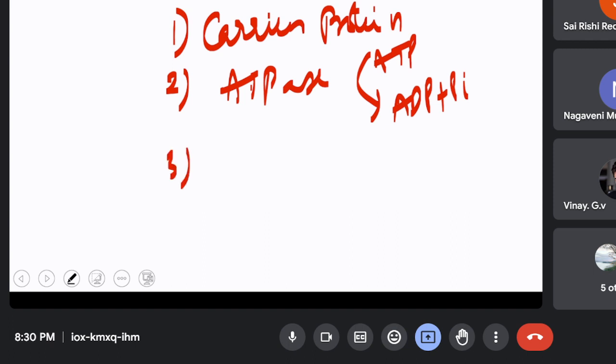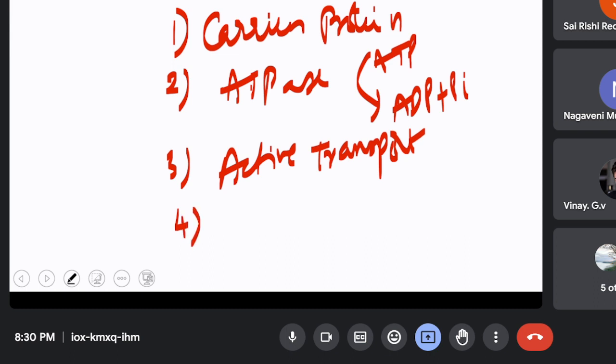And it operates in an active transport mechanism, that too when movement of ions from low concentration to high concentration is required. That is active transport. So these are the main features. In addition to this, this same carrier protein can be phosphorylated or dephosphorylated, which brings about a change in the shape or conformation of the carrier protein.